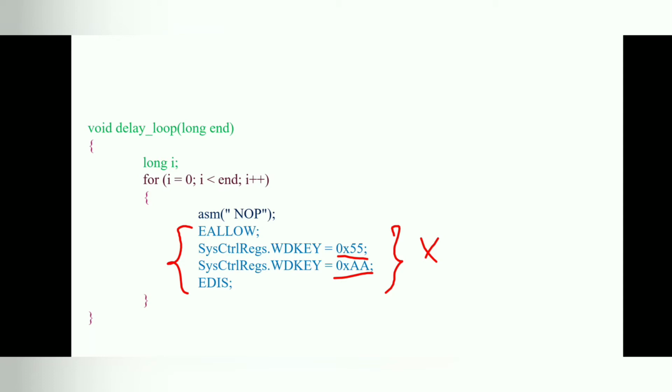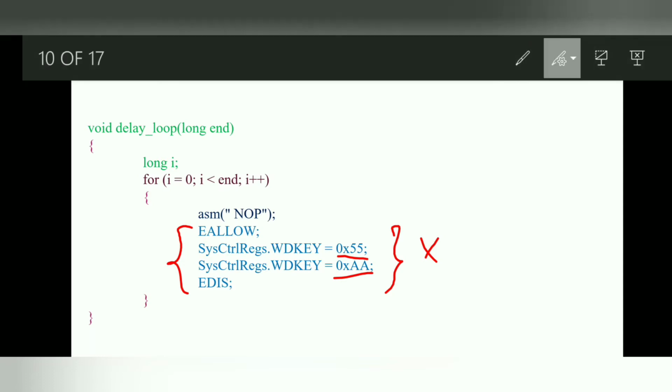A good decision is to use these two commands, 0x55 and 0xAA, in the delay loop, because after a certain delay this program will run, and every time it comes here, before the watchdog overflows, the watchdog will be reset, so there will be no interruption in your code. So this is the basic idea.